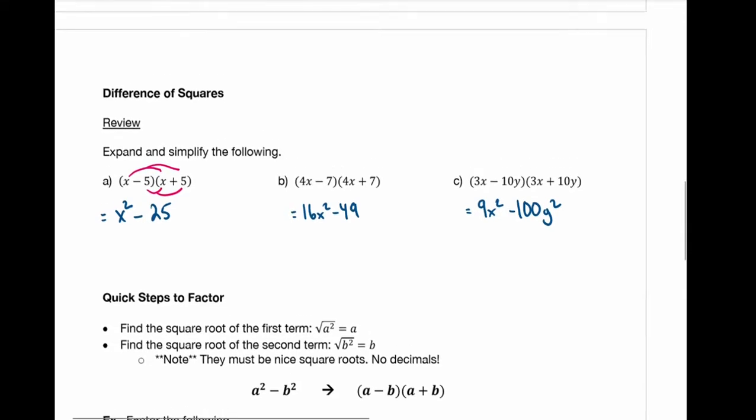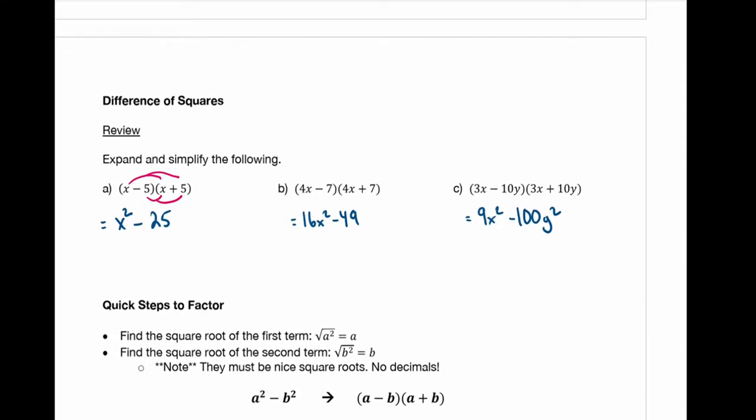One thing to note, they must be nice square roots. You can't just say, oh, I can take the square root of it, but it doesn't give me a nice number. It has to be a nice number, right? So they have to be perfect squares.